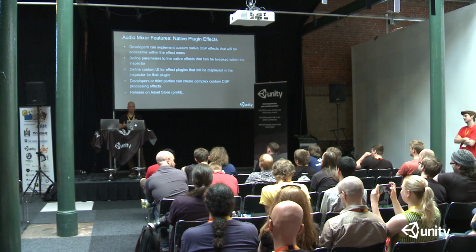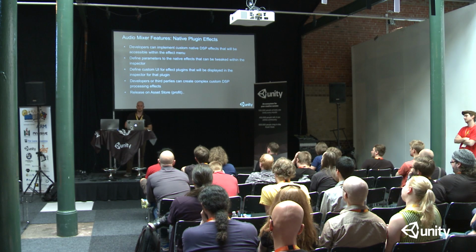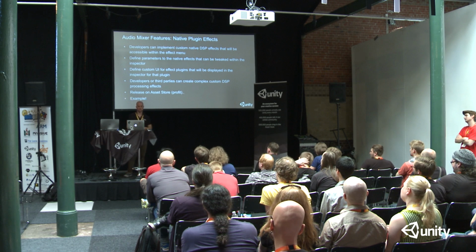So you can start imagining that developers and third parties can create really cool custom DSPs. DSP manufacturers can start writing plugins for Unity and release them on the Asset Store, things like that. These ideas start snowballing, and we can start creating a good ecosystem of effects for Unity.